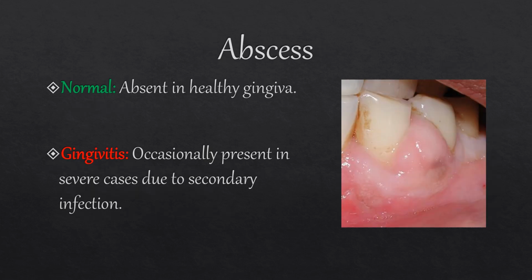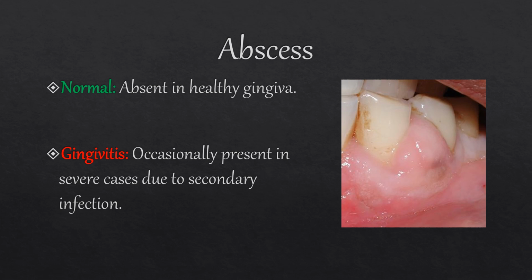Finally, abscess. In normal gingiva, abscess is absent, whereas in gingivitis, occasionally it may be present. It's not that all the gingivitis cases would have abscess, but in case there is abscess in gingivitis, it is due to secondary infection and it is confined only to marginal gingiva or interdental papilla.